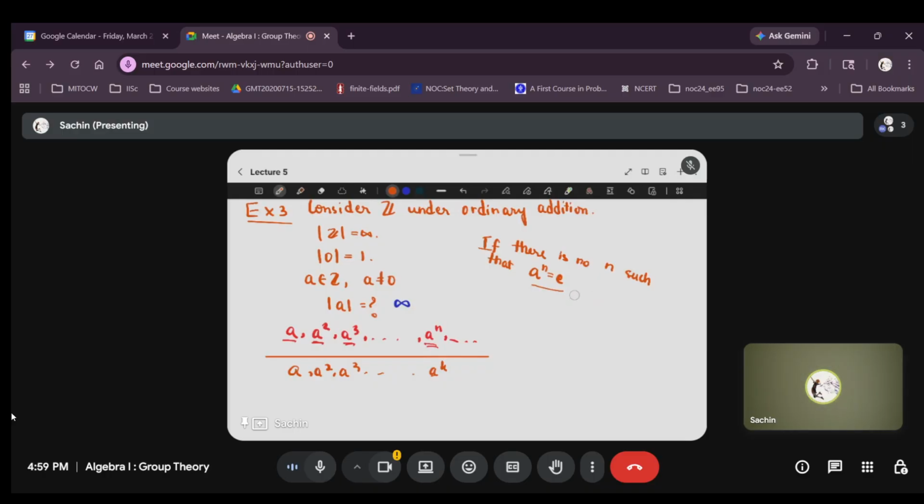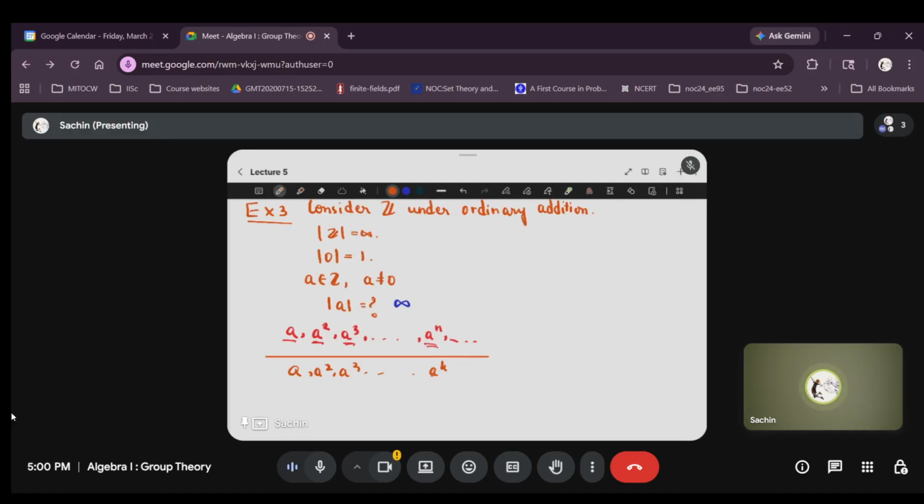So the infiniteness of an element's order doesn't directly say that each of the powers of that element is distinct. You have to prove it this way.